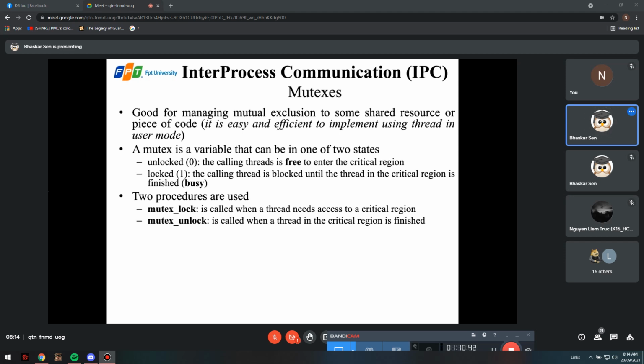Depending on that, the state of the lock will be reflected in the third state called mutex. Clear? That's the story that we have so far in mutual exclusion.